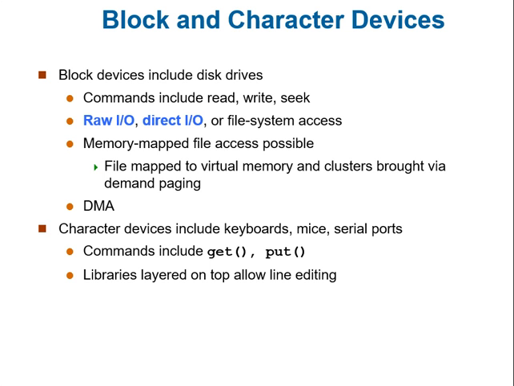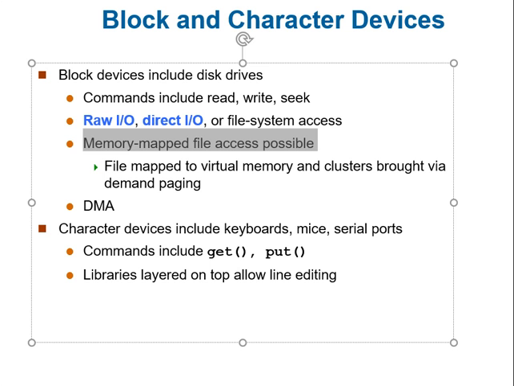Other than that, memory-mapped file access can also be layered on top of the block device driver. In this approach, normally a file will be mapped to virtual memory and clustered blocks via the demand paging technique. Also for block devices, we can use DMA, direct memory access, to access the device.